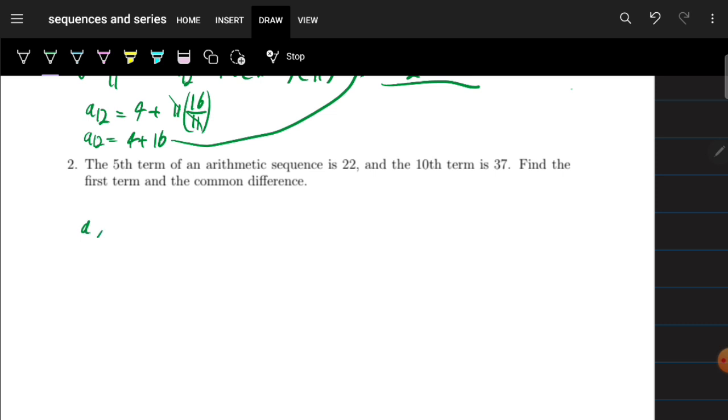So again, first term is A, second term is A plus D, third term is A plus 2D, and so on. This is the first term, second term, third term. So the fifth term and the 10th term we can predict. The fifth term is going to be A plus 4D, and the 10th term will be A plus 9D.